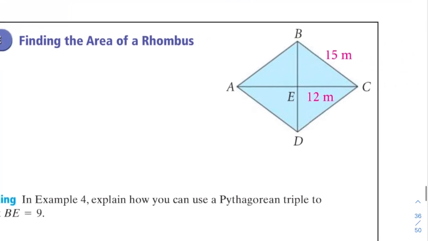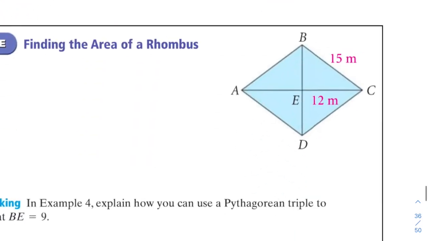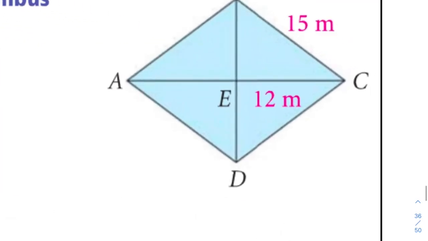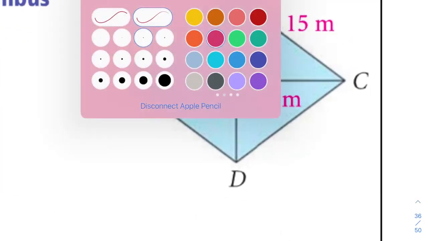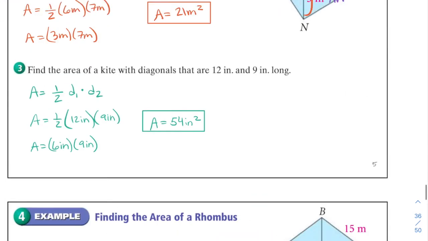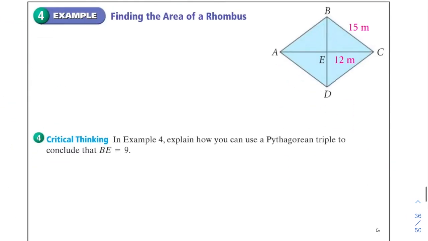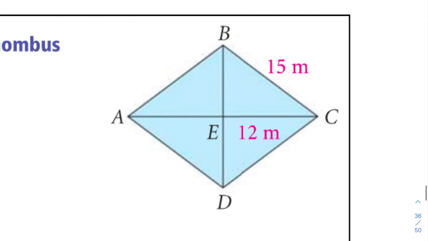Finding the area of a rhombus. Well, what's nice about a rhombus is that it has congruent parts as well. So if this is 12, oh, wait a minute. Okay, hold on. By the way, a kite that was labeled. Okay, this one, I apologize, does not have congruent parts.